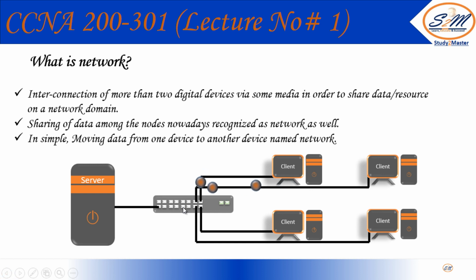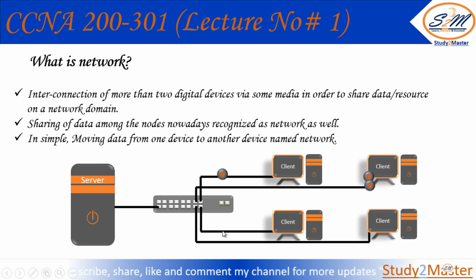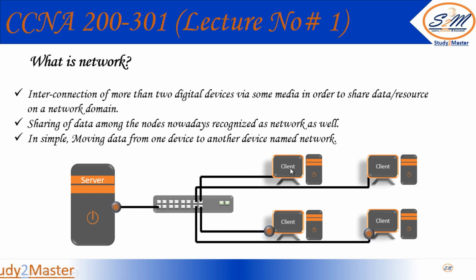The switch provides communication between these two computers, and between the server, this client, this client, and this client. So these 4 clients are able to pass data from one side to the other with the help of a switch. The switch is an intermediate device, and we will have more information about switches. So in simple words, it's called a network.